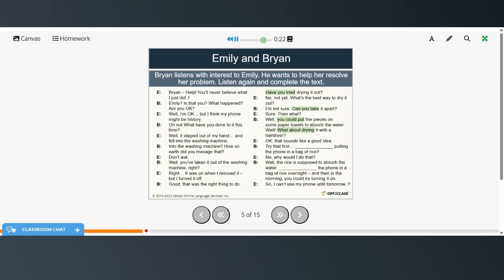Try that first. Have you thought about putting the phone in a bag of rice? No. Why would I do that? Well, the rice is supposed to absorb the water. How about leaving the phone in a bag of rice overnight? And then in the morning, you could try turning it on. So I can't use my phone until tomorrow?